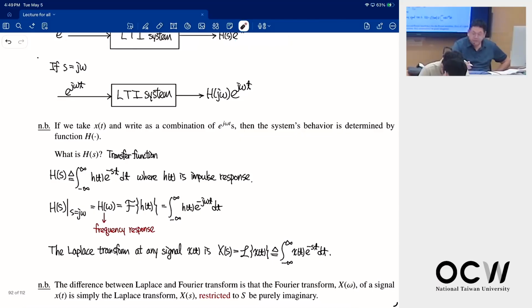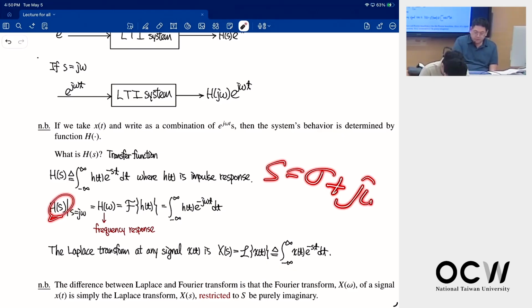If you really focus on the frequency, then we use the Fourier transform, because the Fourier transform is only talking about the frequency. But overall, this s should be sigma plus j omega. I also have a real part.